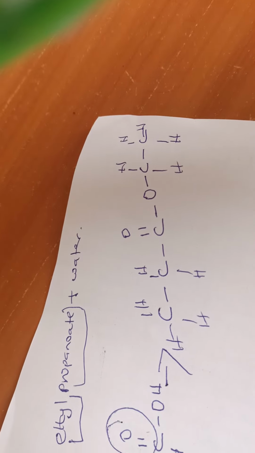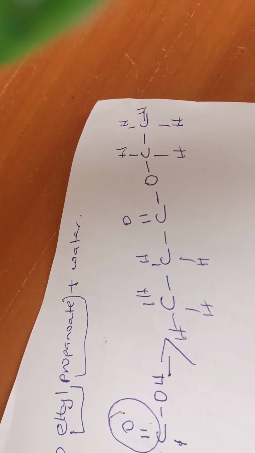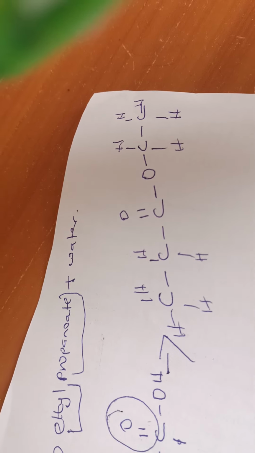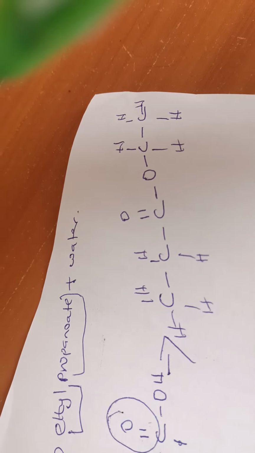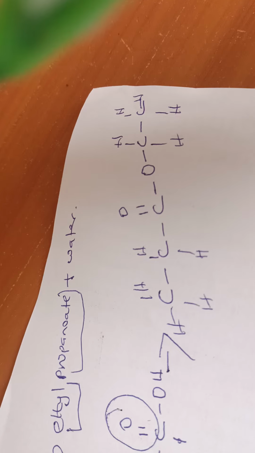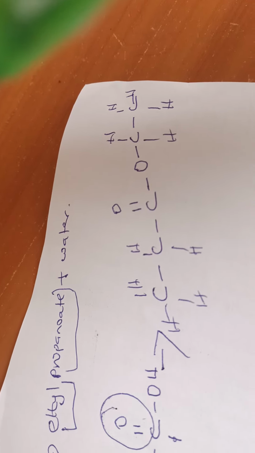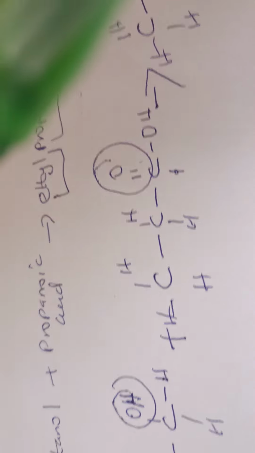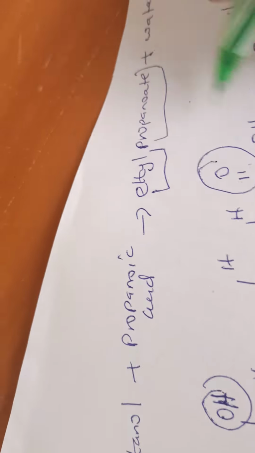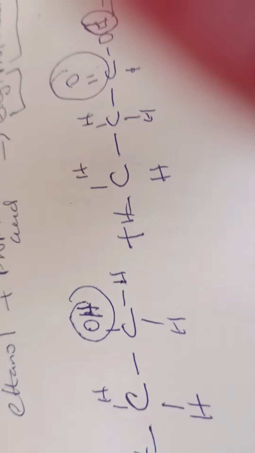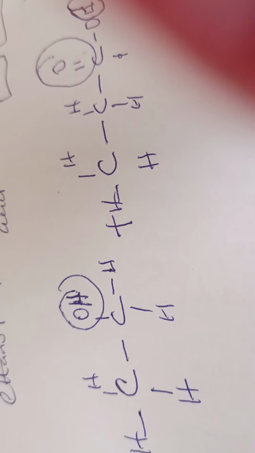It is drawn starting with the acid, propanoic, 3 carbons. Then from ethanol we have 2 carbons at the head. The hydrogen from the acid combined with the OH from the alkanol to form water.